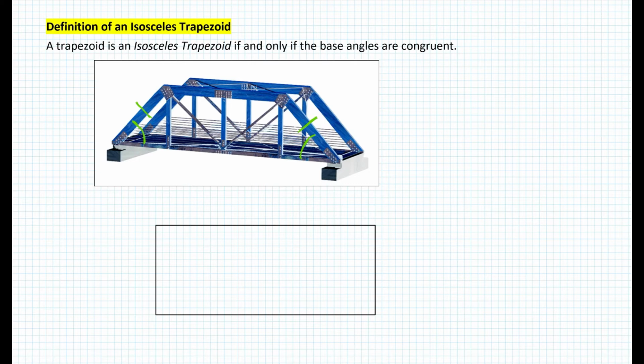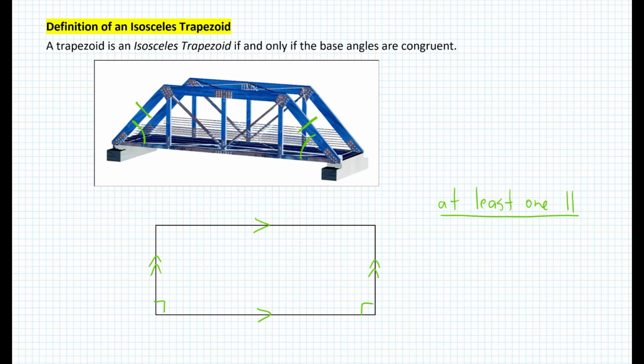Well, because the opposite sides are parallel. We have at least one pair, and we have the base angles that are congruent right here. So it doesn't matter if these segments are parallel as well, because it still satisfies the definition that at least one pair of opposite sides is parallel.